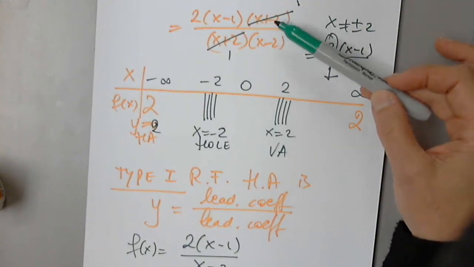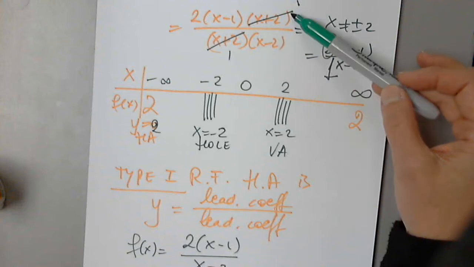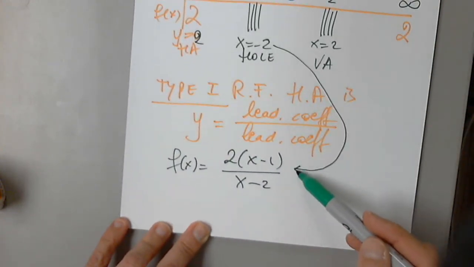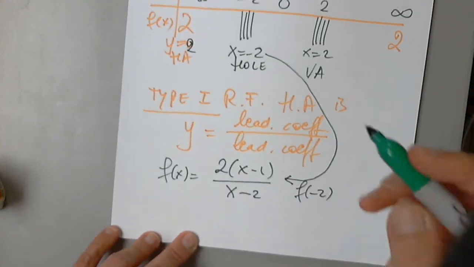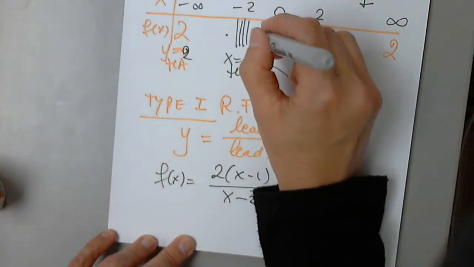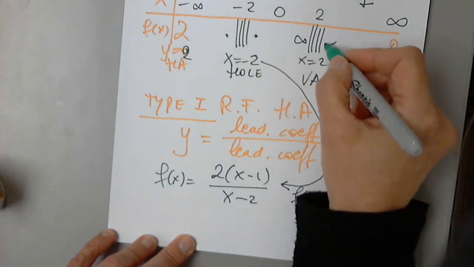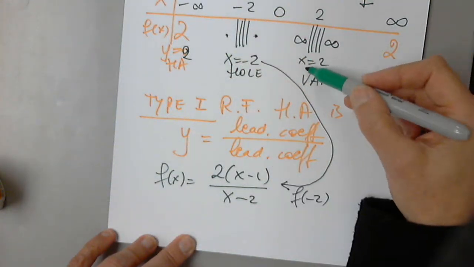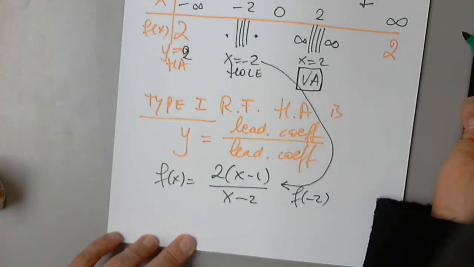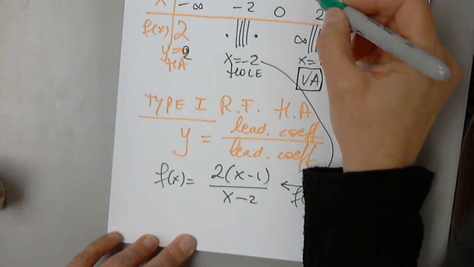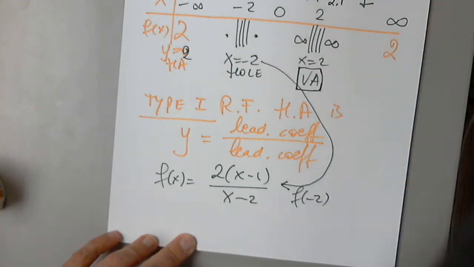Once we removed the factor that created 0 over 0, now we have to put in this value in the function, find f of negative 2, because these two numbers will not be infinities. These will be infinities. How do I know? Because x equals 2 is a vertical asymptote. What I don't know is the sign. I'll come back to the sign in a minute with 1.9 and 2.1.